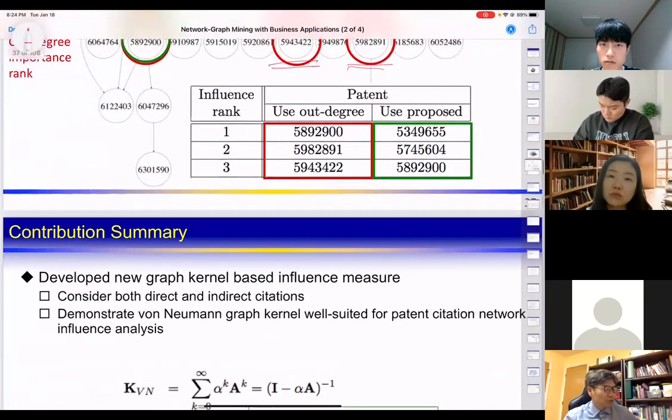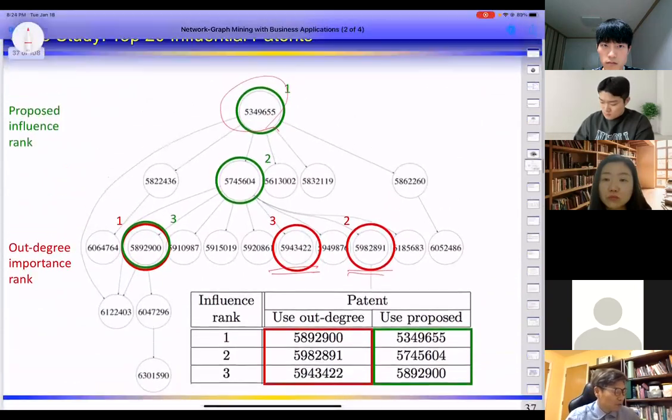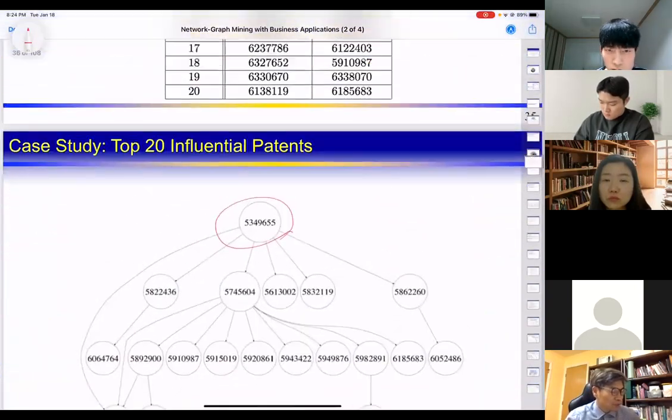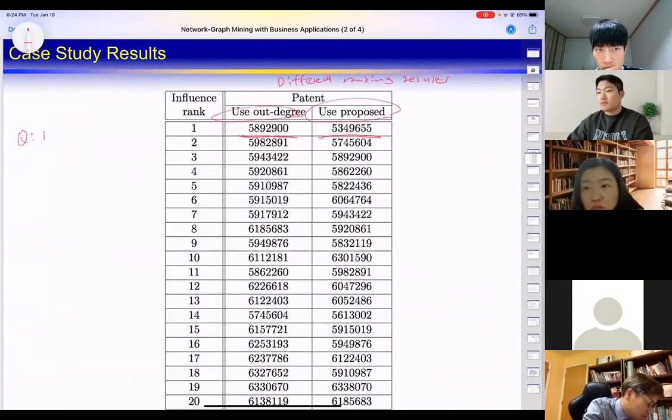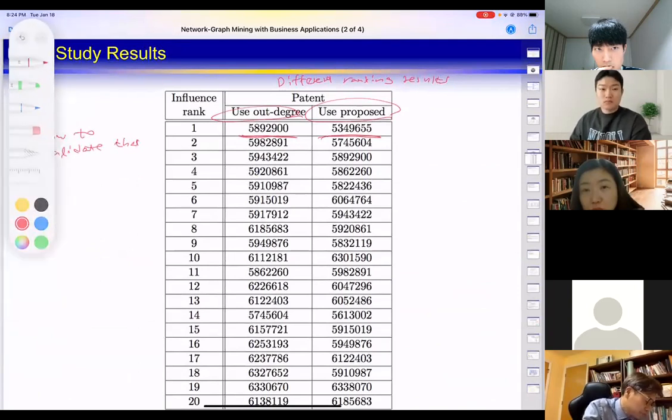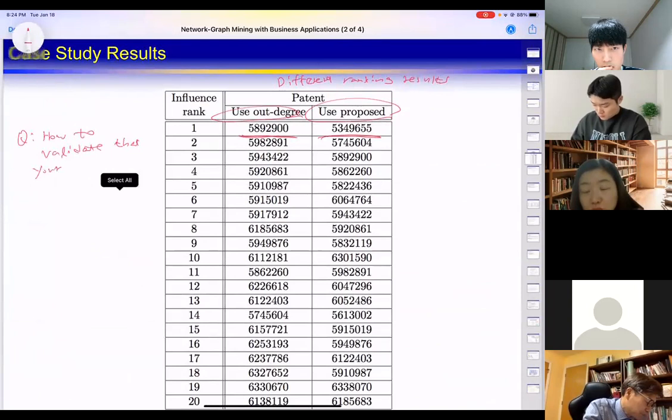Here, we do not have the result, so the question is how to validate that your results are better than other existing ones.